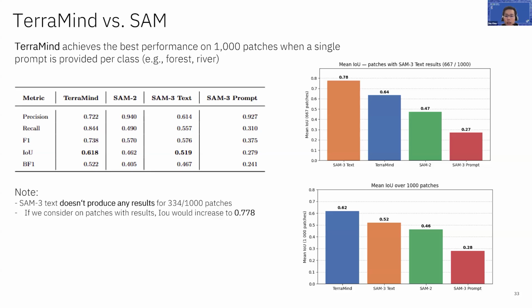But one thing that I want to highlight is that it doesn't produce any results for a third of the patches I give to the model. So it doesn't provide any results for 334 patches. And if we consider those patches in the evaluation, then TerraMine would perform much better.